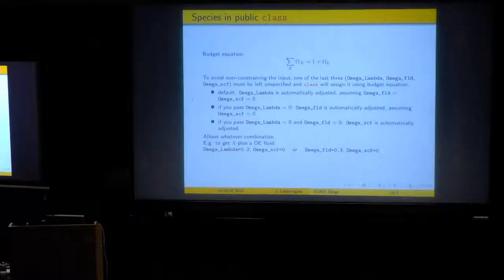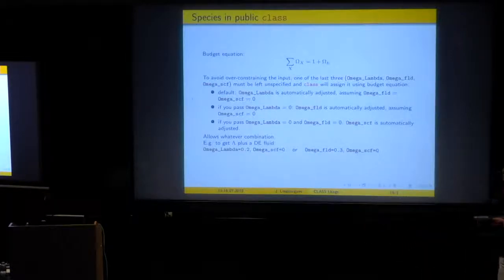By default, the code will assume that omega fluid and omega scalar field are 0. So unless you pass them to a different value, it will assume that there are no dark energy fluid, no scalar fields. And then you should not pass omega lambda. The code will adjust it. So you should pass the other ones: the baryons, the cold dark matter, the neutrinos. The code will adjust for omega lambda.